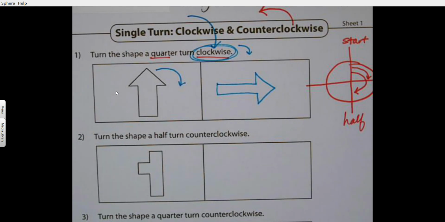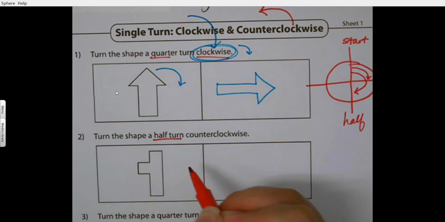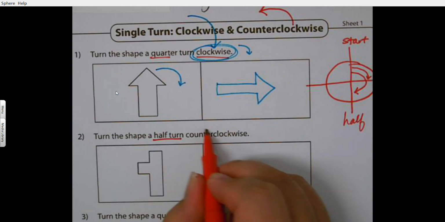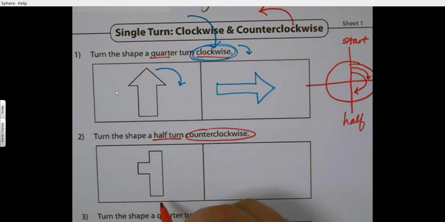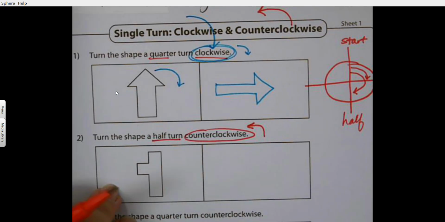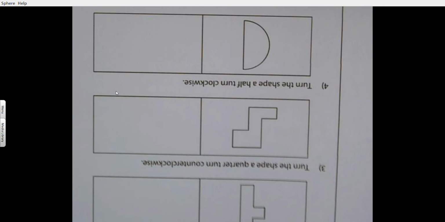Okay, next I'm turning a half turn. So it's got to flip upside down, counterclockwise. So that means I'm going backwards. So I'm actually going to turn my paper counterclockwise, 90 degrees.